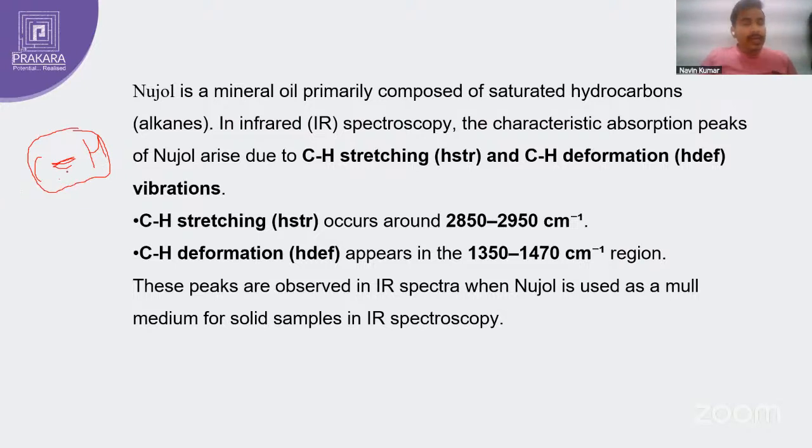If the bond length is increasing and decreasing, this phenomenon is known as stretching. We can observe the stretching phenomenon in our home also, with elastic and polythene. The most common example is the spring. So if the bond length is increasing and decreasing, that is known as stretching.